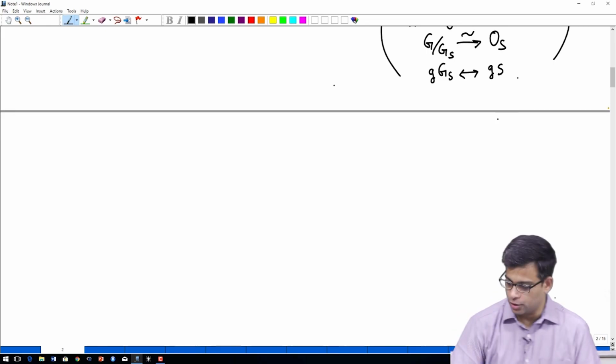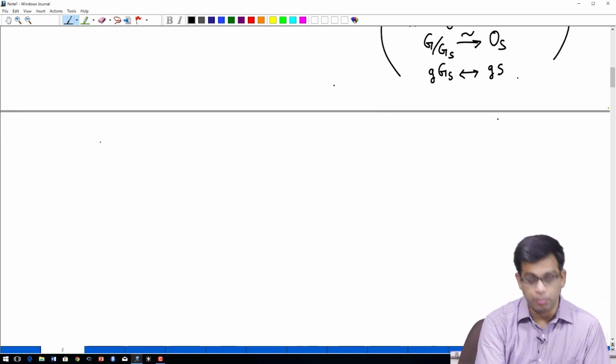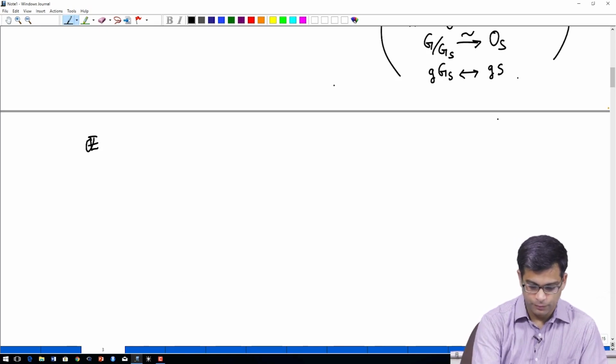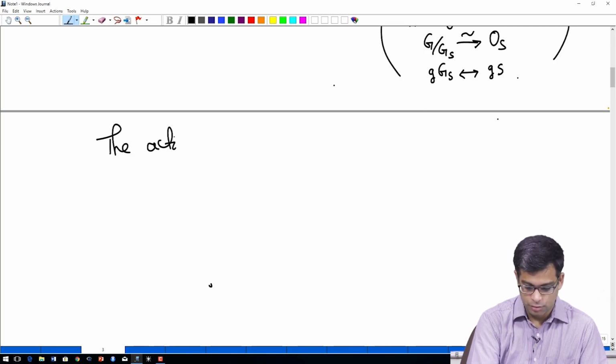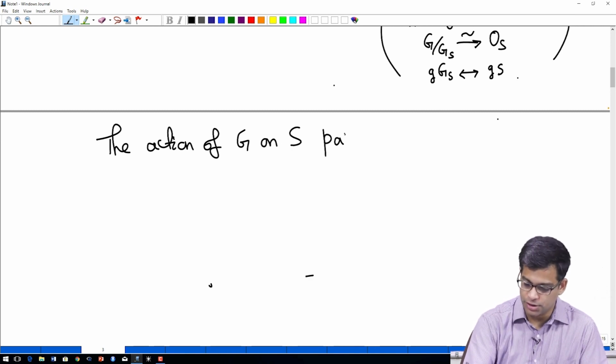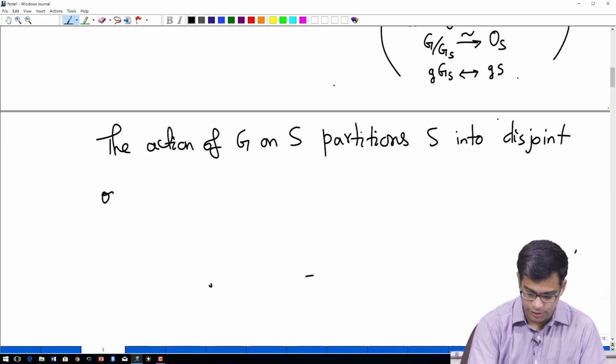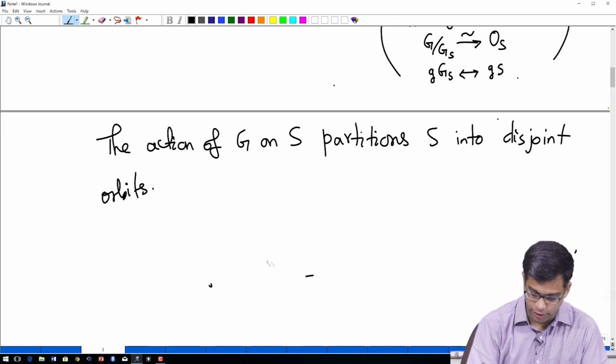Another important property of group actions is equivalence classes. The action of G on S partitions S into disjoint orbits, right.